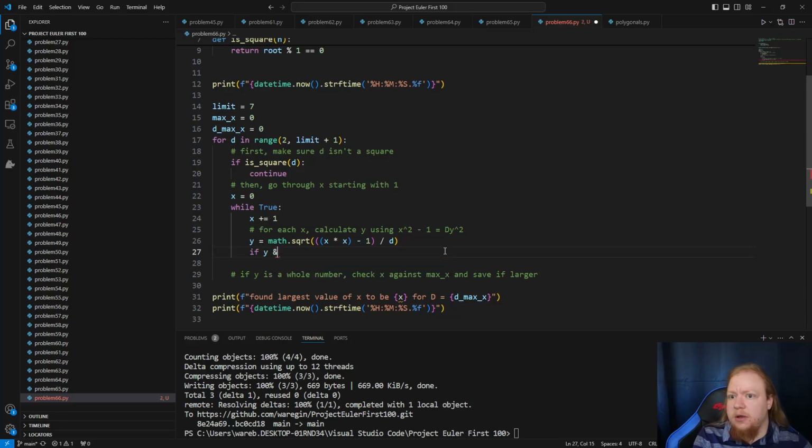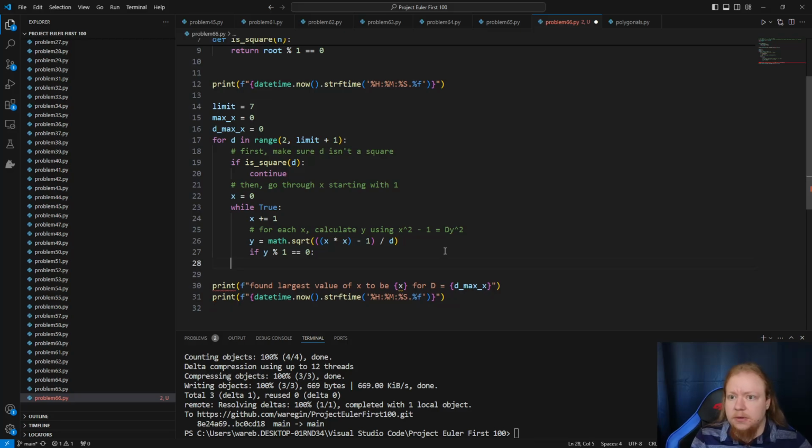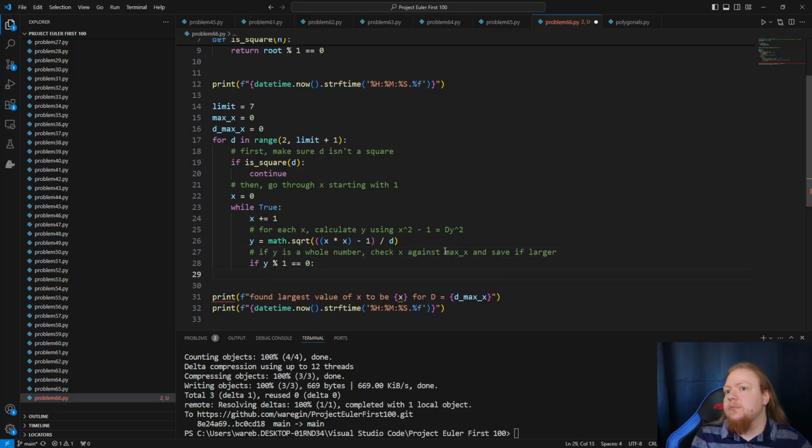If y mod 1 is equal to 0, then we want to do... Actually, we just want to break at that point.